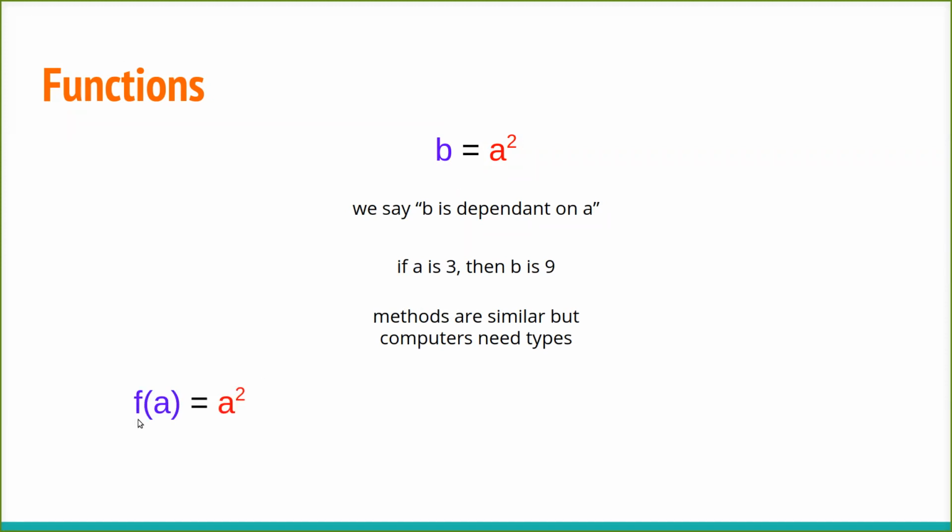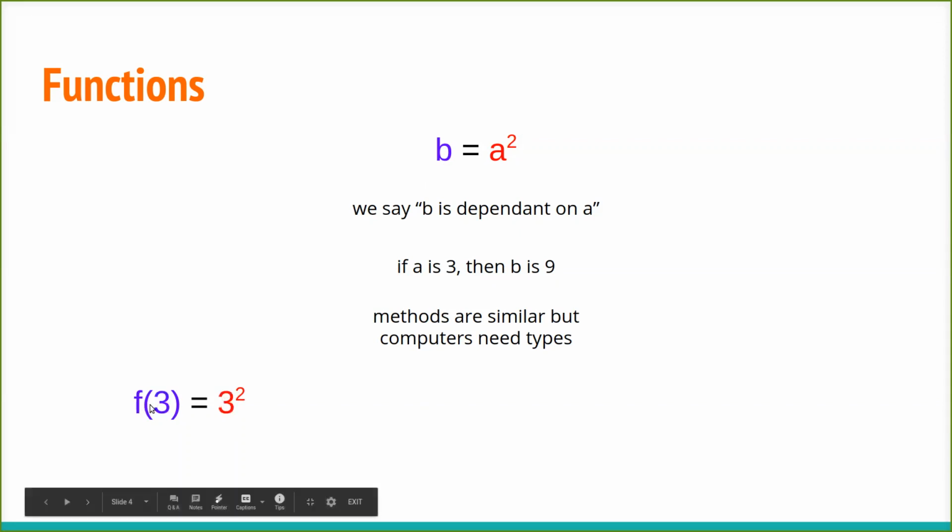Another way of writing this would be f(a) equals a squared. All this is acknowledging is that b is actually not serving a useful purpose here. We don't really need b; I can just replace b by saying f of a. That is to say, b is just something that is dependent on a, so you don't need to explicitly say what b is if you already know what a is.